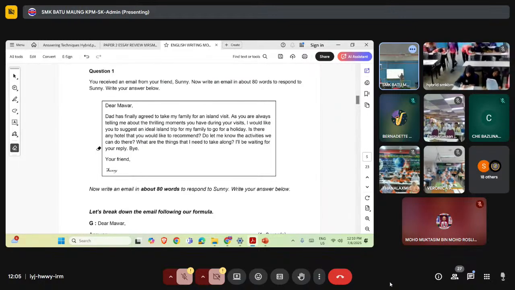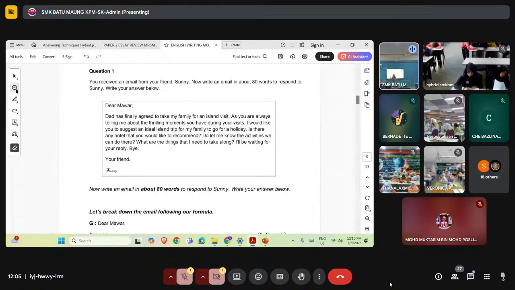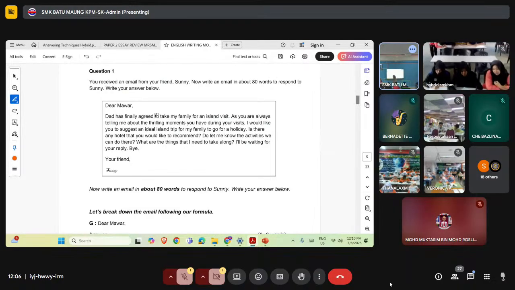Help me to identify content here. Content 1, content 2, content 3. If you have more than 3 contents, write them down. Can you please underline and then label or highlight the contents? Faster, faster. 1 minute. Done? How many contents?